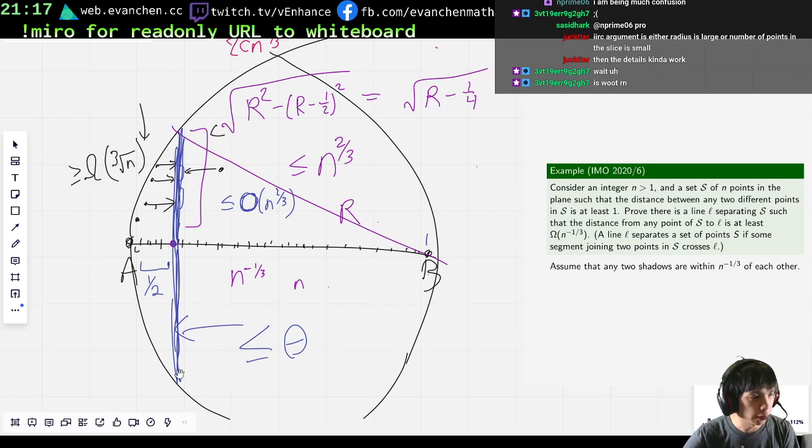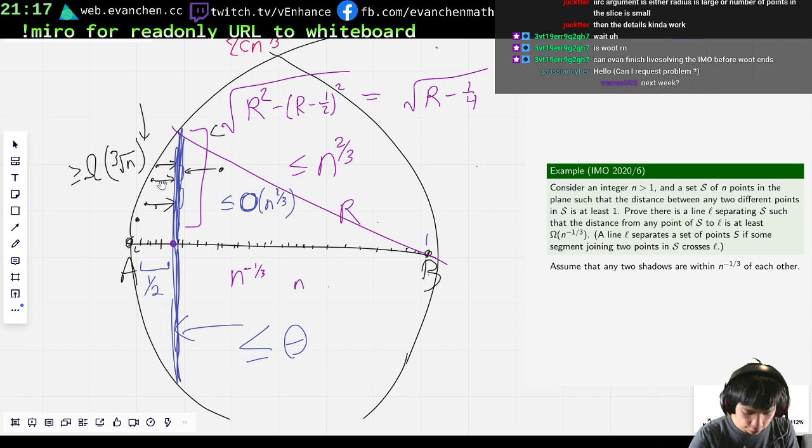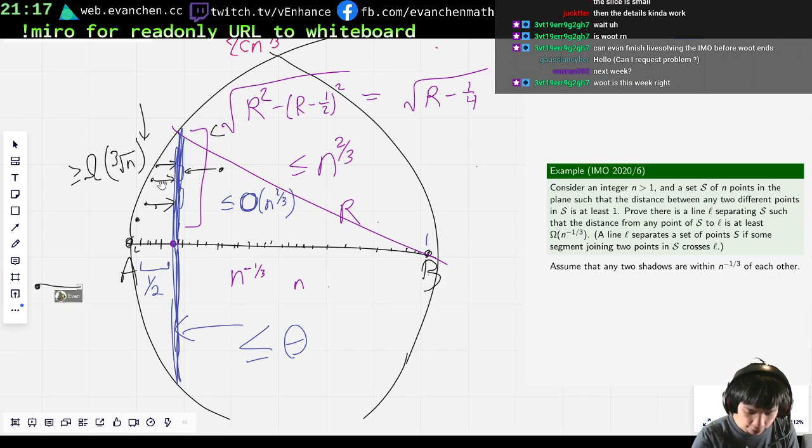The blue segment is not that long. There's a lot of points in this region. So what I want is some of the points in this region to have shadows on the blue line that are close enough together. And here's why. When I look at 2 points in this critical region on the left, their shadows actually cannot be very close.